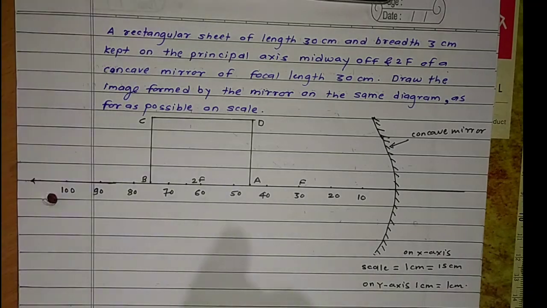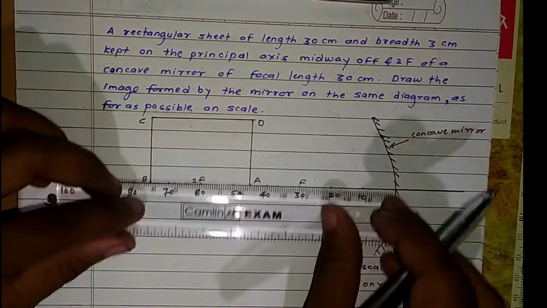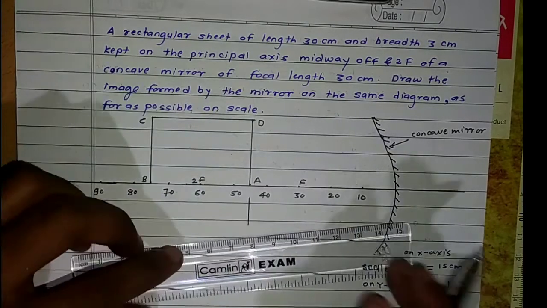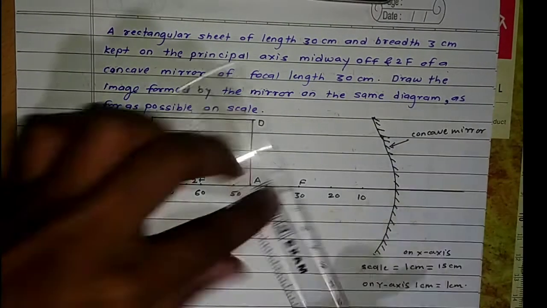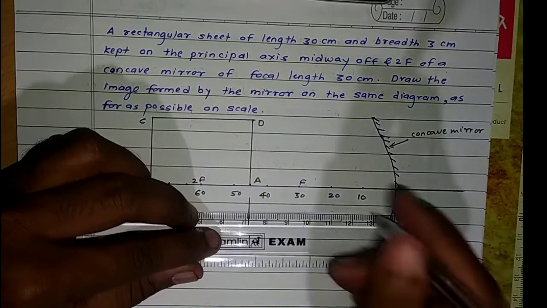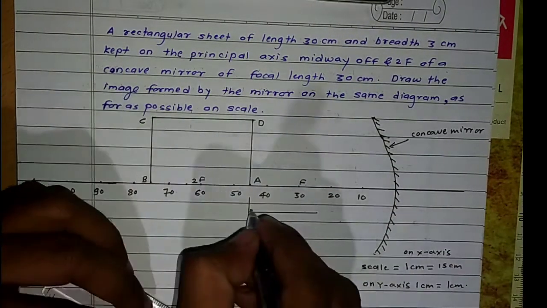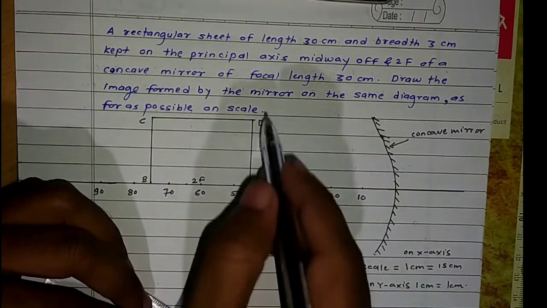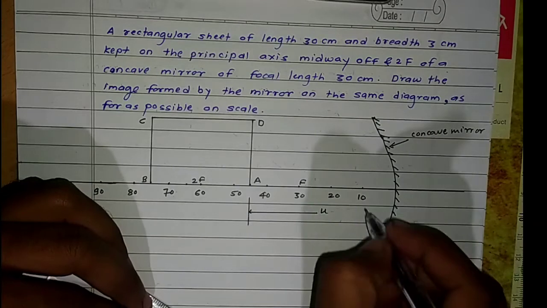Now let's find out the different values for the image. So this is the u, at this point, so that much distance is u. U means the distance of the AD face of the rectangular sheet from the pole.